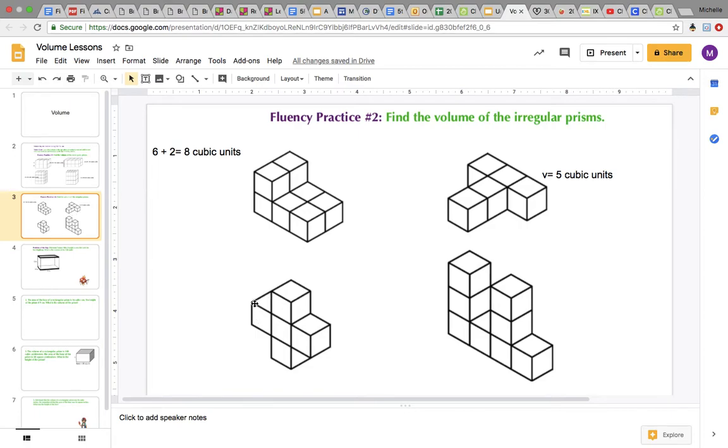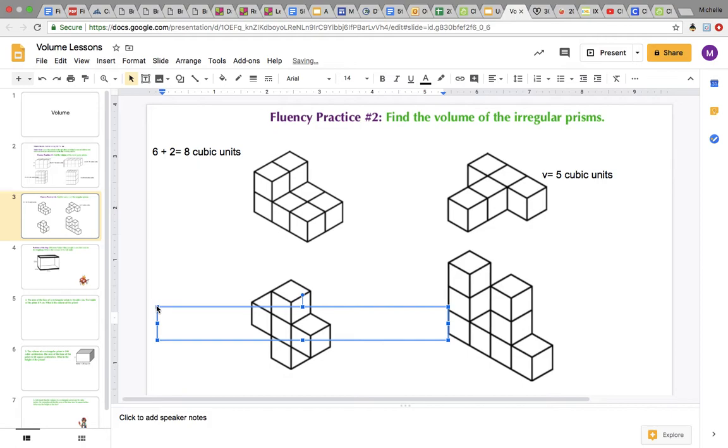Again here we can just simply count the boxes because we have 3 total layers going up and down, but we can see all of our boxes here. We've got 1 right here, we've got 3 in the middle, so that's 4, and then 1 up top. So our volume is going to equal 5 cubic units.